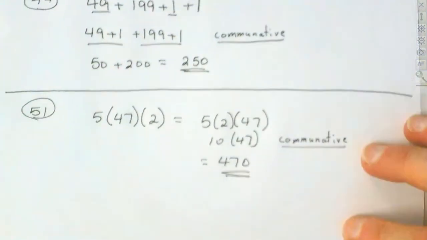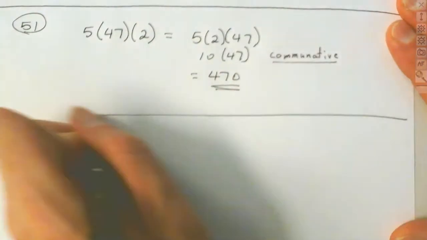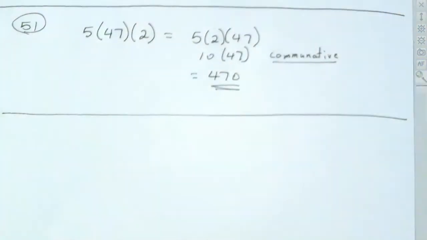Now you can also use the distributive property to simplify some of these down. So the next ones that we're going to look at, and the last part of this section, is just using the distributive property. That's the last part that we have to work with here.